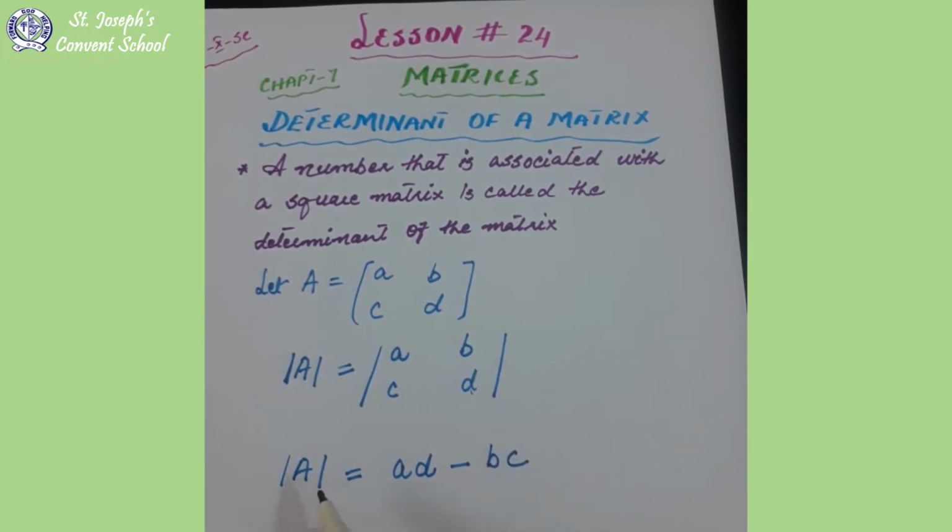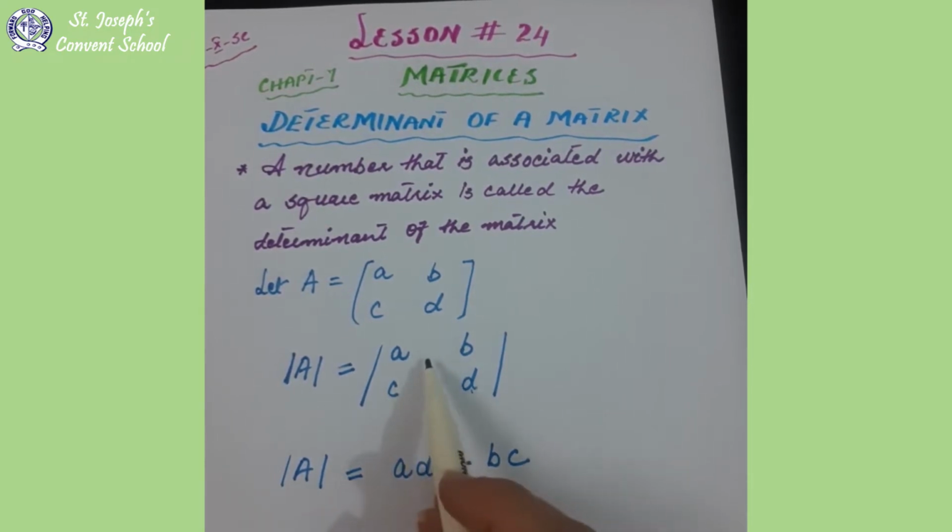So this is actually the determinant of A. You can say cross multiply these two and these two, always put minus sign: AD minus BC. Whatever elements are given, you will always cross multiply like first and last minus second into third. You will get one answer, that is known as the determinant of A.